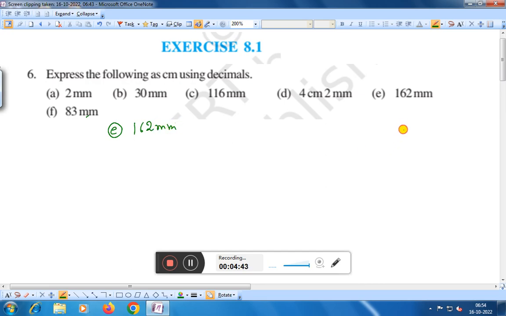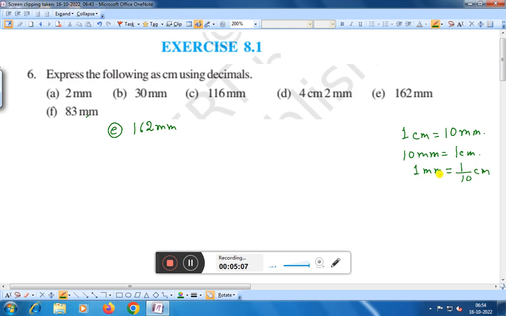And you know that 1 centimeter is equal to 10 millimeter. Therefore, 10 millimeter is equal to 1 centimeter, or we can say 1 millimeter is equal to 1 by 10 centimeter.